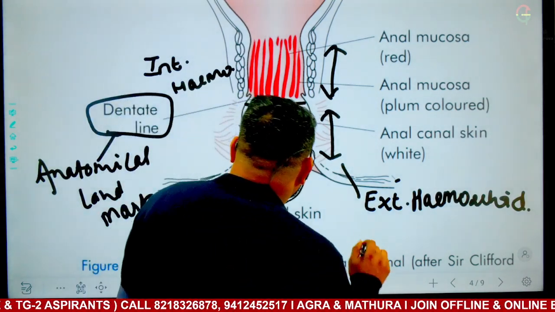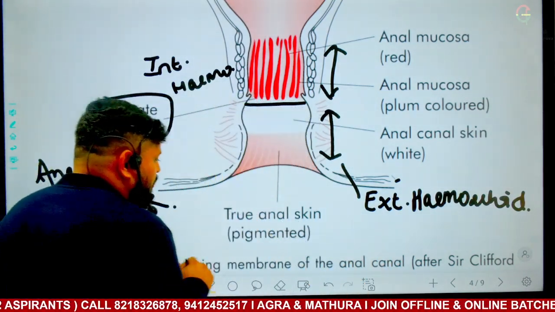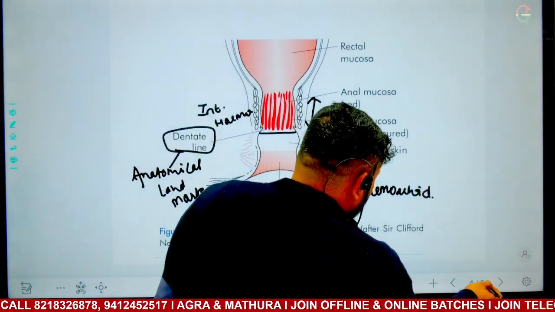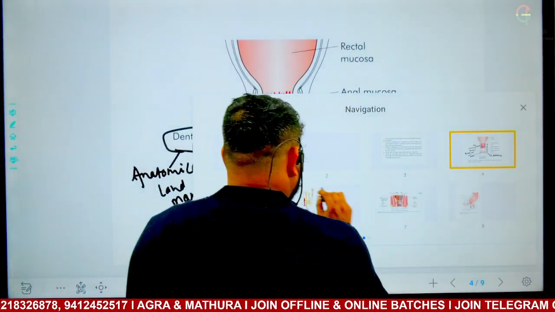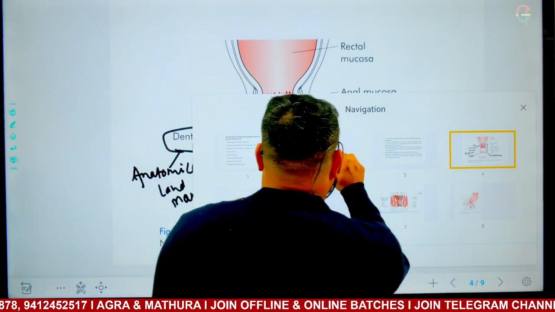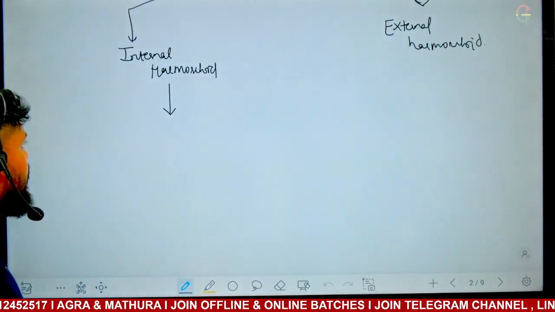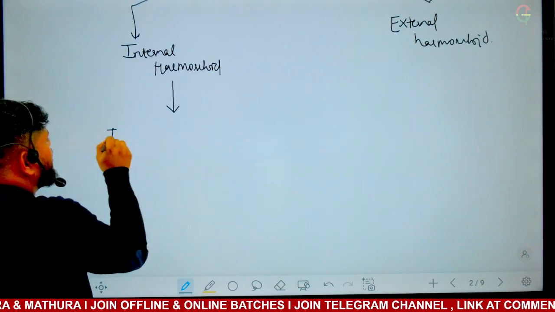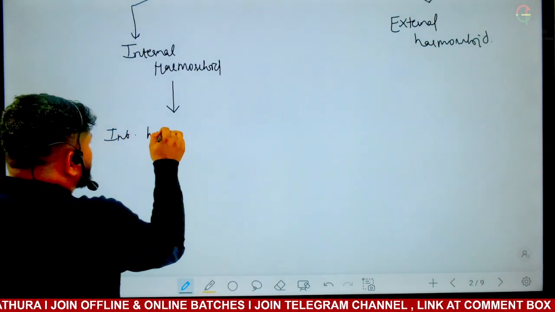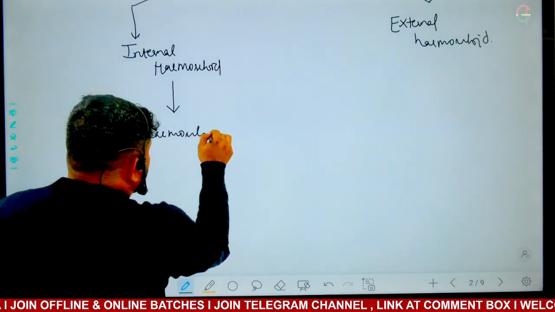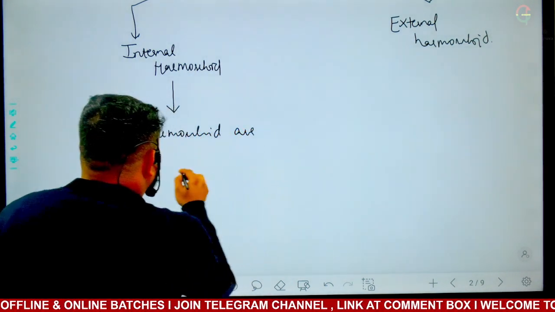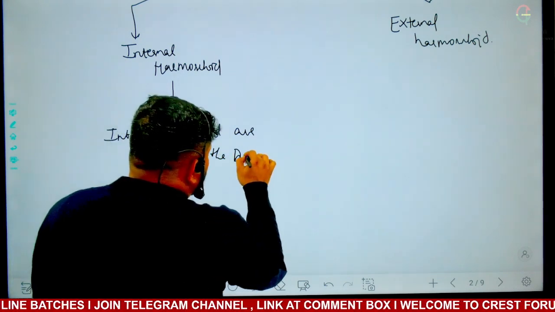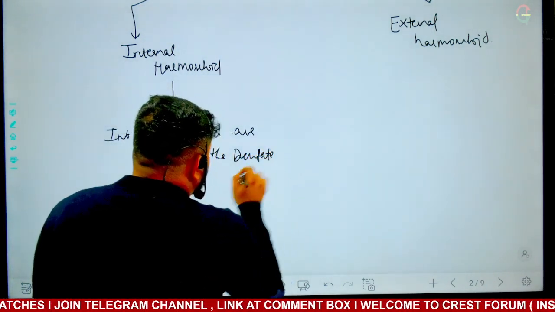Internal hemorrhoids are above the dentate line.